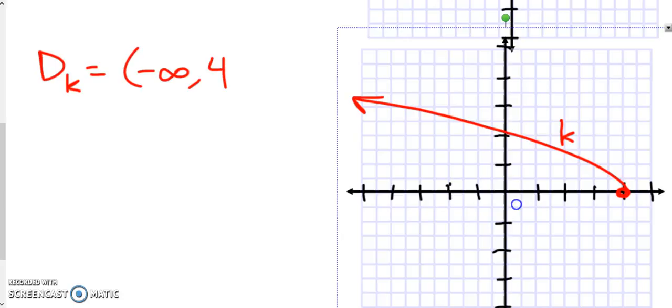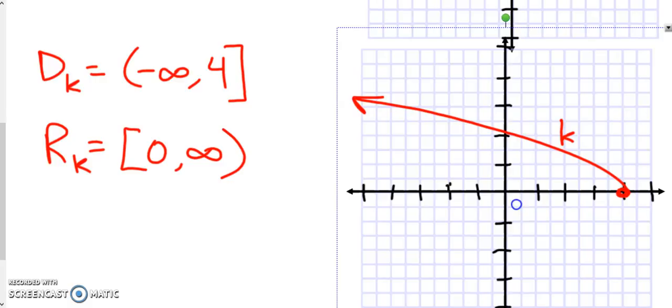How about 4? And the range of K? I agree, 0 to infinity. 0 is the lowest it goes, and it goes upward from there, albeit slowly.